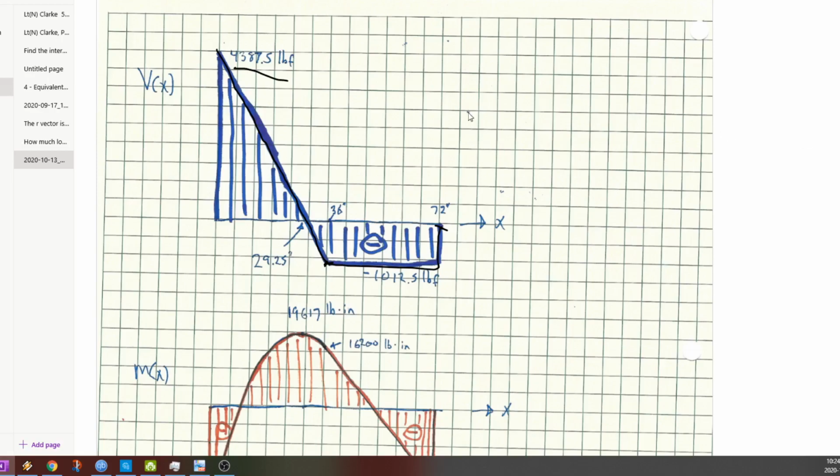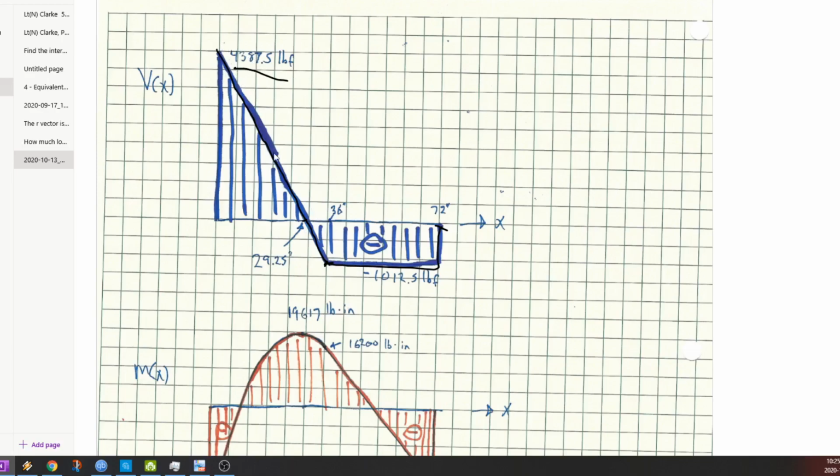So, fairly straightforward there. I'm also going to point out the spot here where this shear crosses the x-axis. We can solve for that just by using the equation.